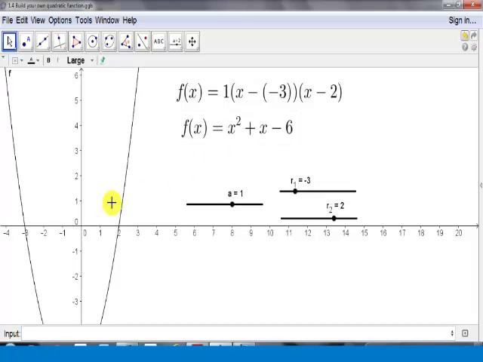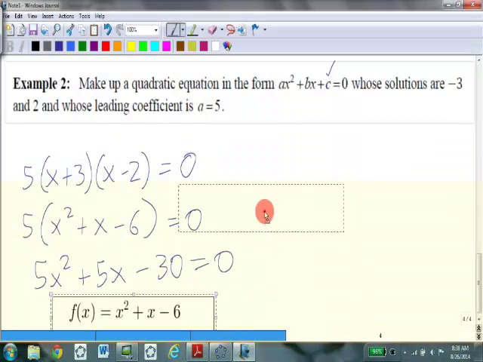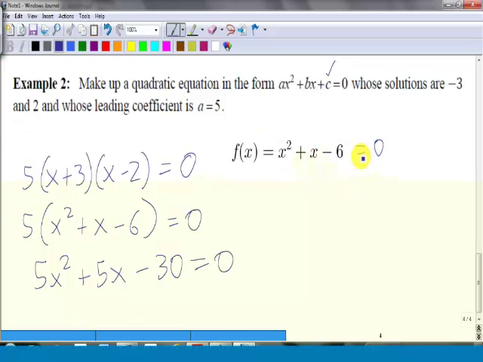Now, if we're looking on the graph of this parabola for the solutions, we want to find the negative 3 and the positive 2, which are solutions. Where do we look? Where do we see a point with a conspicuous negative 3 and another point with a conspicuous positive 2? The x-axis. See, we're looking for the values of x that make the thing equal to 0.